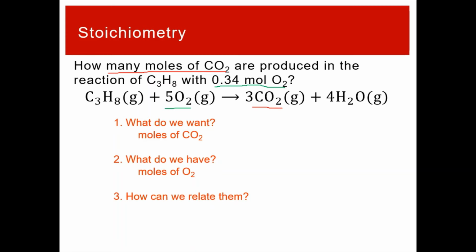So when we want to think how can we relate them, it has to be reaction coefficients. The fact that we are given an explicit reaction for them is also a really good sign that we want to be using these coefficients, that 5 and that 3. And that's going to allow us to relate these different substances in the reaction, reactants and products. So let's go see what that looks like.